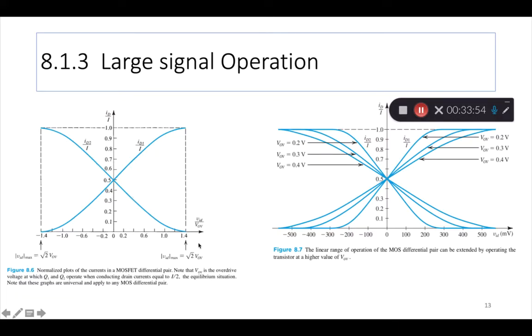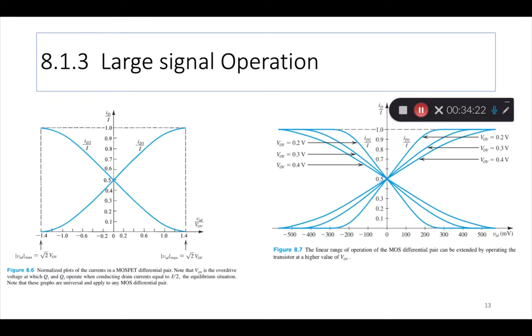But the bottom line is the current, as we have already seen, can be all in one device or all in the other. And these graphs help you track based on this ratio VID by VOV where the current is splitting, how it's splitting.